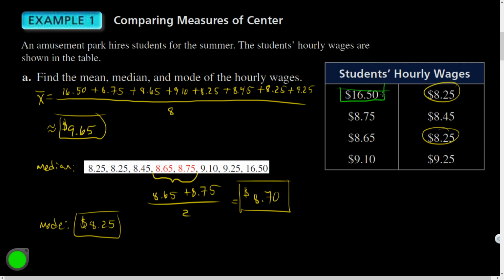It's skewing our middle value and causing it to go up higher than it should be, maybe. Because my data is pulled up by that outlier, the median is the closest to the middle value.